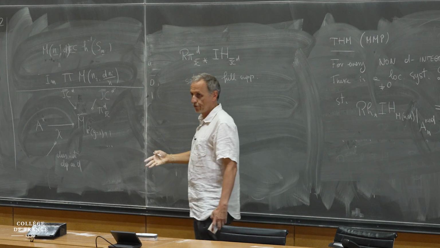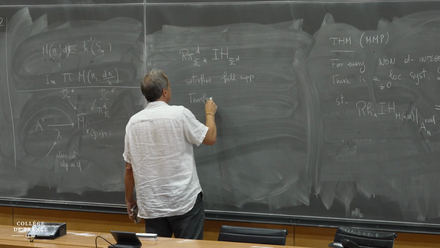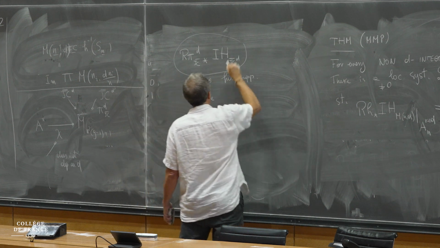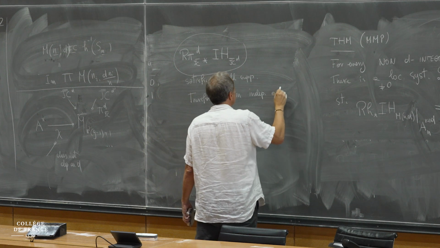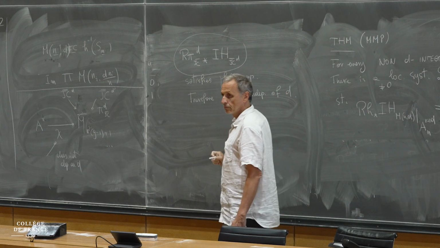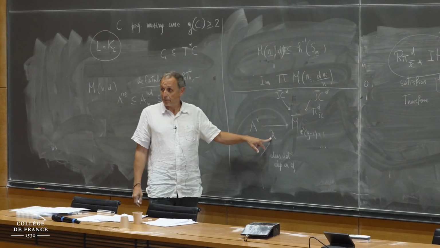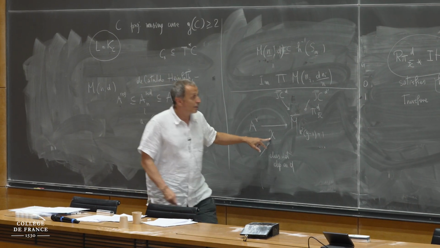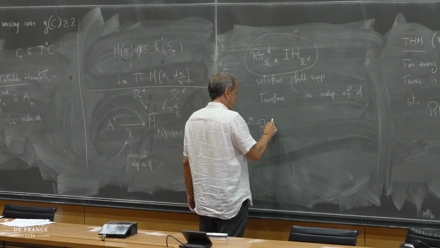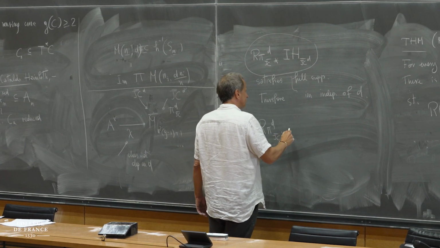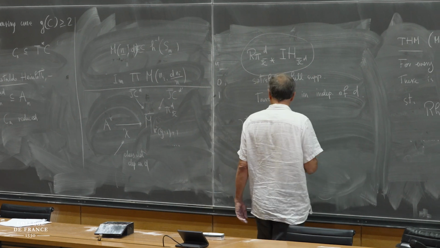They are all of full support, and therefore this object is independent of D. Then, since chi doesn't depend on D as well, the pullback of these objects is independent of D.